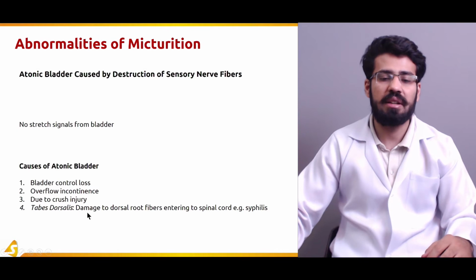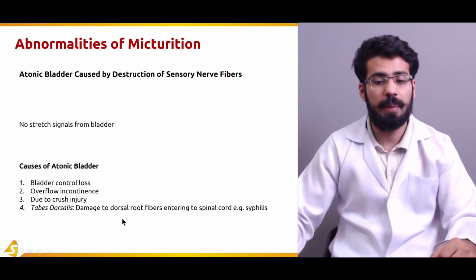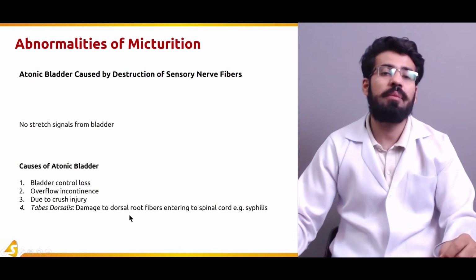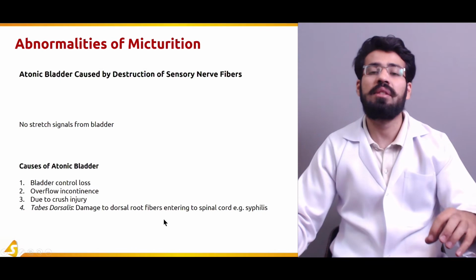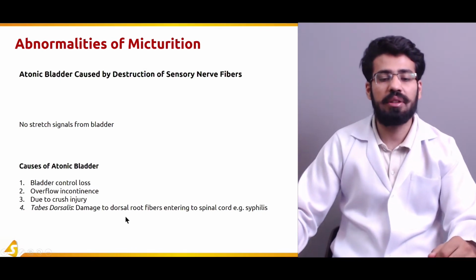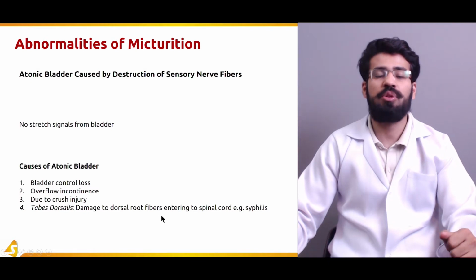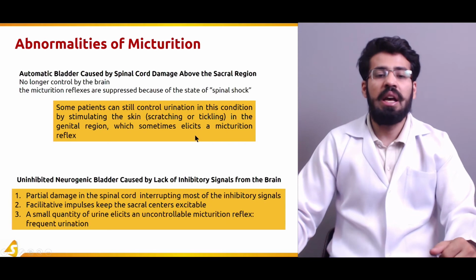Tabes dorsalis is basically the damage to the dorsal root fibers, and these dorsal root fibers enter the spinal cord. In the case of syphilis, these dorsal root fibers are damaged, which produces this particular condition known as atonic bladder.